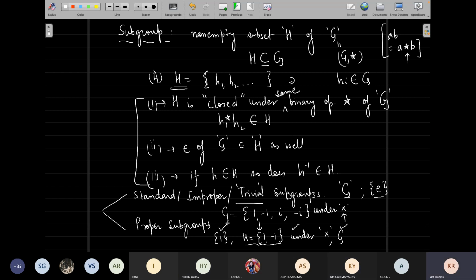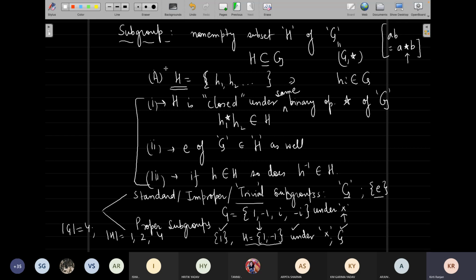What is the order of the group G? 4. G has 4 and H has either 1, 2 or 4. So interestingly, I do not have any subgroup of order 3 coming in here. I have only subgroups of orders 1, 2 and 4. Okay, we'll just keep it in mind.